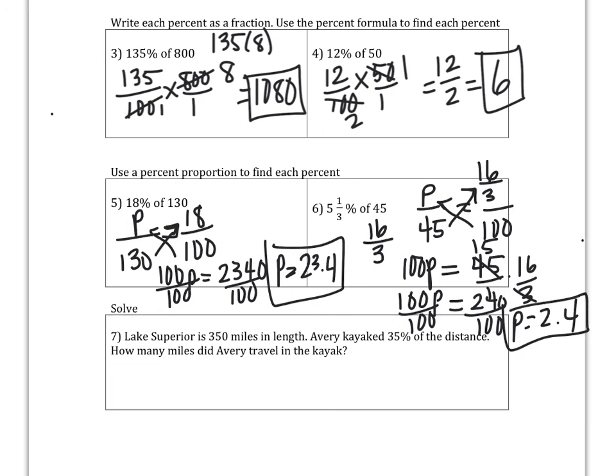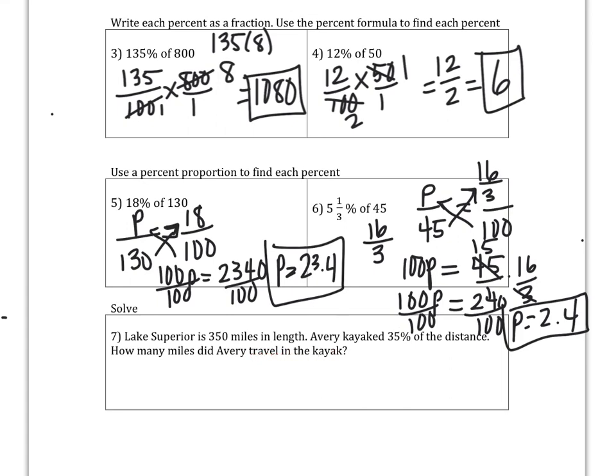Okay, let's take a look at a word problem. Number 7, Lake Superior is 350 miles in length. Avery kayaked 35% of the distance. How many miles did Avery travel in the kayak?